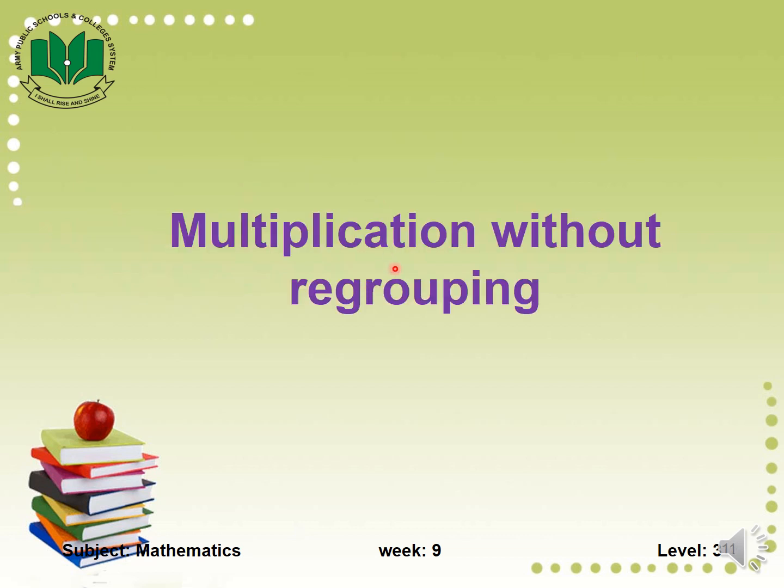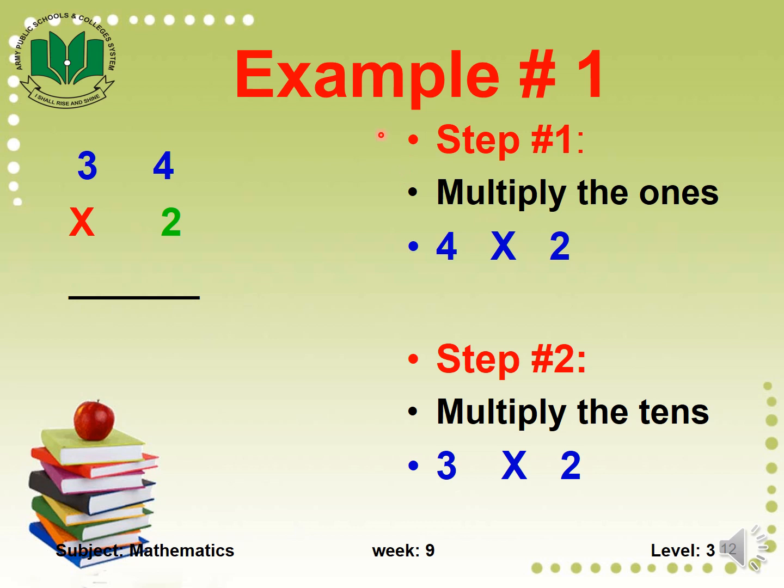Now we will discuss multiplication without regrouping. Example number 1. Here is a multiplication sum. This is 4 at 1's place and this is 3 at 10's place. So we have to multiply this 34 with this number 2. Step number 1. Multiply the ones.